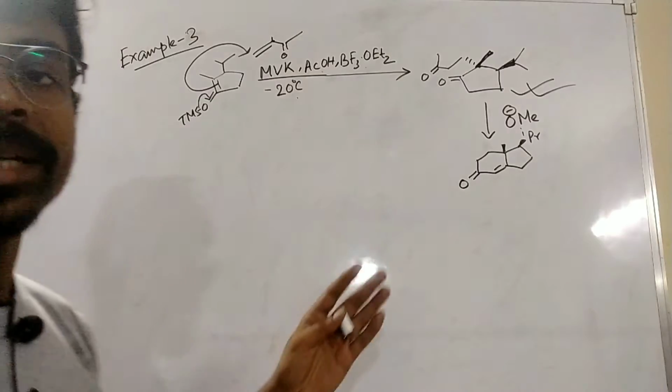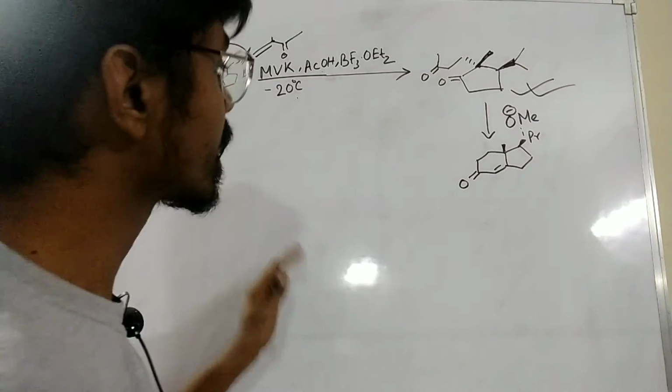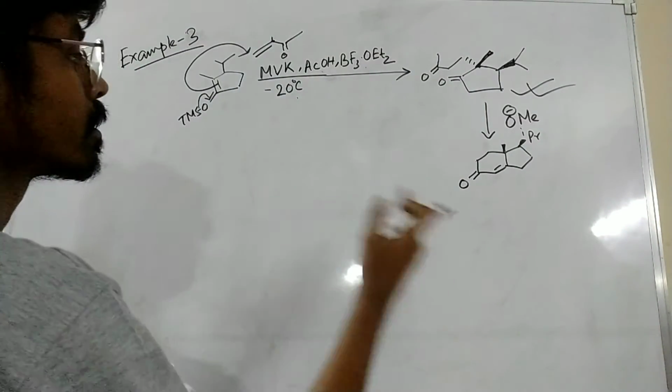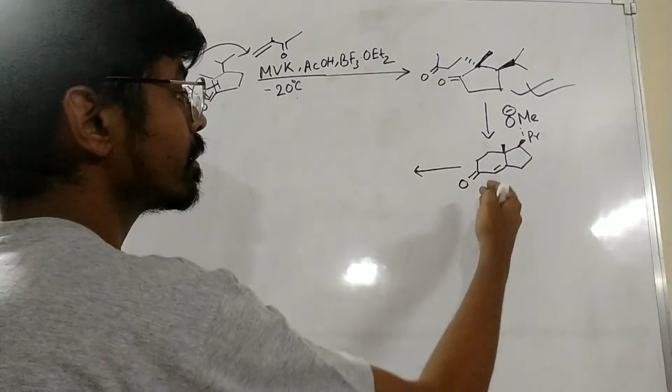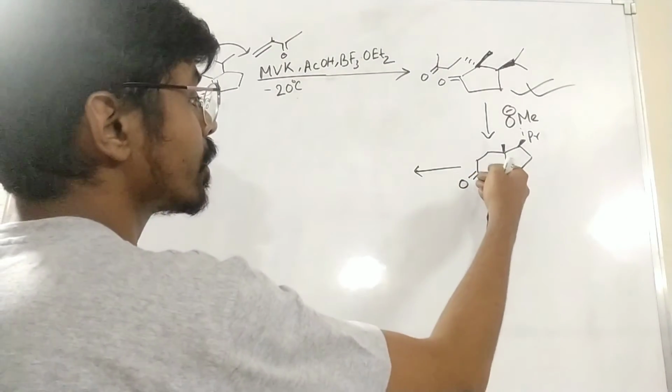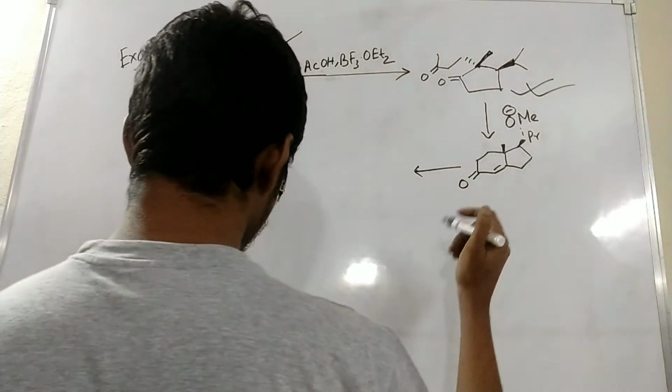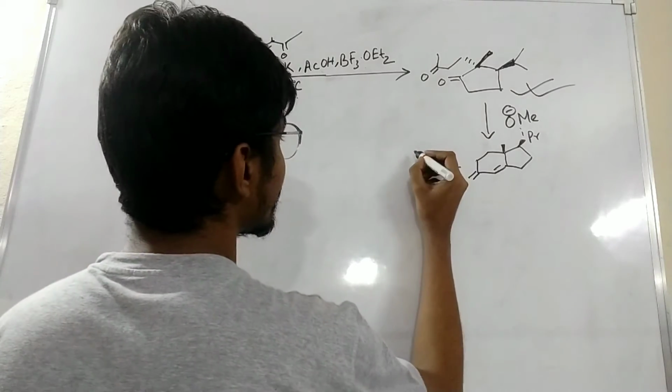Now I am going to complete the total reaction. So the next step is silyl enol ether formation using TMSCl and LDA as base.